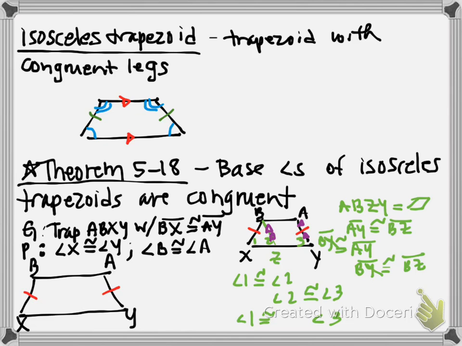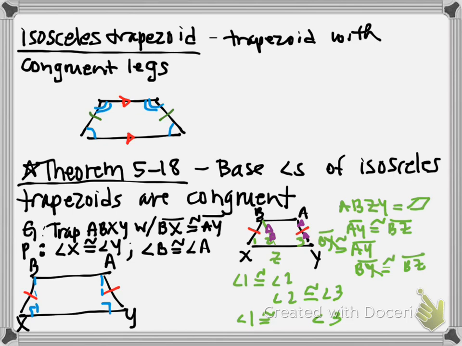And then they also, you can look in the book, they also did it by dropping altitudes from B down to XY and from A down to XY. So it would look something like this. And then they would get those two triangles congruent, and we would have parallel lines.